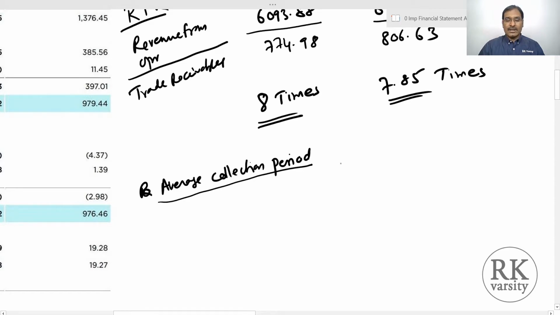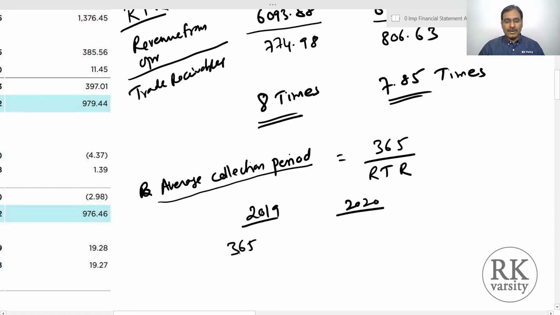So average collection period equals 365 upon your receivables turnover ratio. For 2019 and 2020, I guess it would be the same. So 365 upon 8 and 365 upon 7.85.